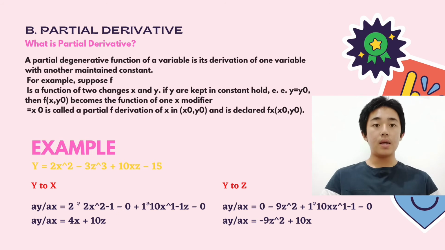When 1 minus 1 is 0, the variable x is gone, so it leaves us with 10z and minus 15. 15 is a constant number, that means a 0. So the answer for dy by dx is 4x plus 10z.